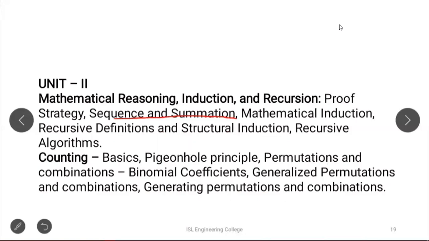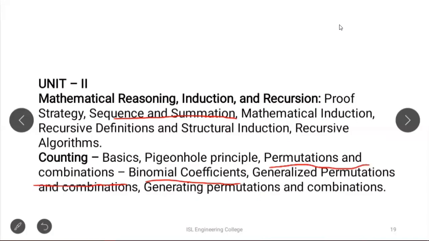Next. I'm just introducing you to the topics that you already know so that you understand that the subject is not entirely new. You're learning almost the same topics that you have already learned, and we're just seeing the application of those topics in our branch. Now, permutation and combination, binomial coefficient, all of these are something that you know.